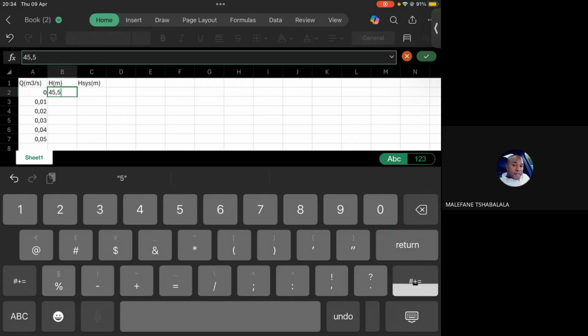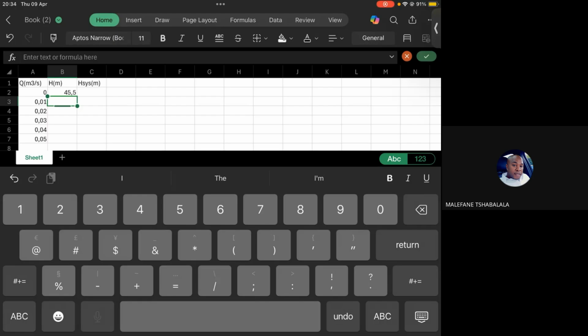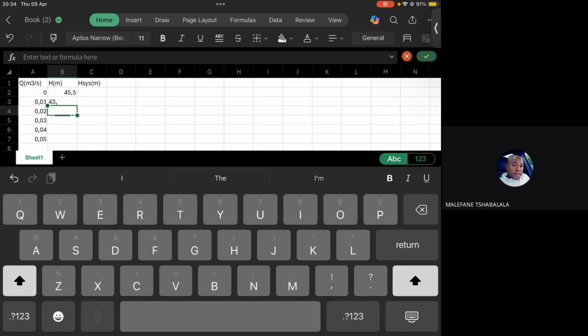Underneath cell B1, you will have the readings of the characteristic curve. So in cell B2, which is this cell, you'll have the first reading of the characteristic curve, which is 45.5, then followed by the second one, which is 43.1.